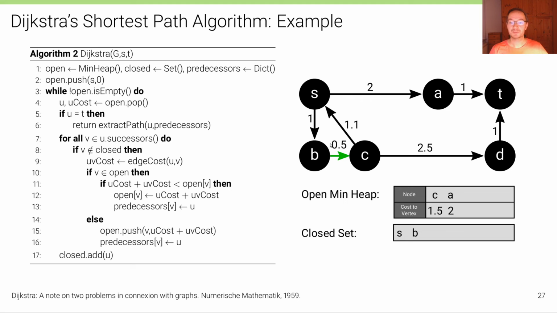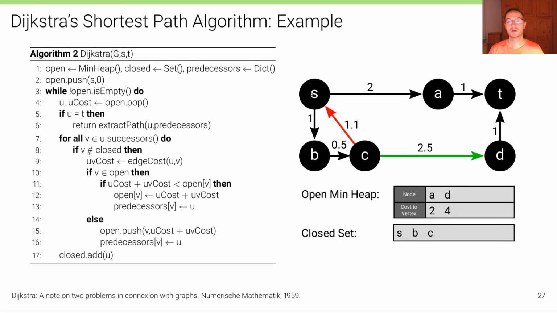Because there's no other successor of B, we're going to add B now to the closed set and continue with the next node from the open min heap, which is C. C now has a successor S and a successor D. However, because S is already in the closed set, we're not considering it any further.